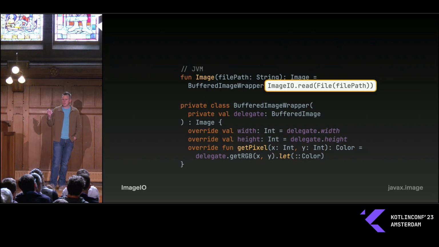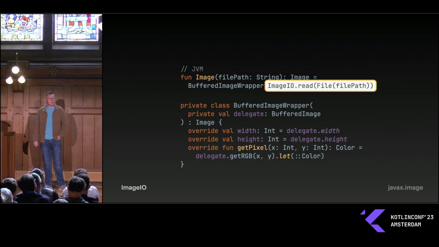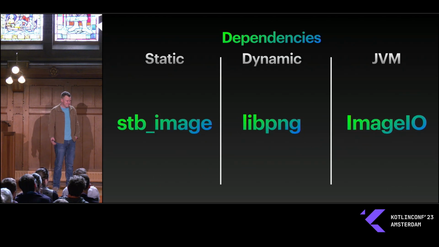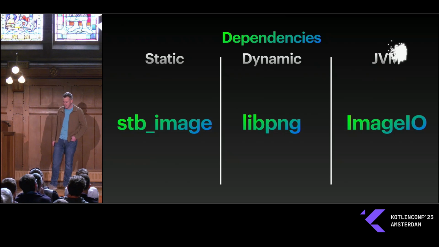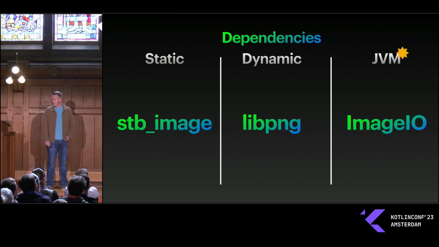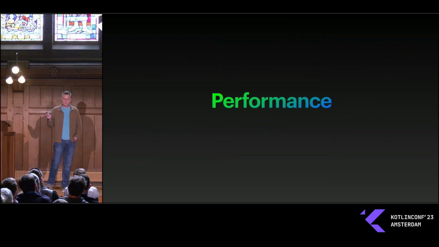We don't have access to all of the stuff that we have in the JVM world. So that's it. If you remember, I went into this thinking maybe dependencies would be a little easier, and we could access some native stuff there. But in this case, the JVM really just won out. So moving on, the next question was about performance.